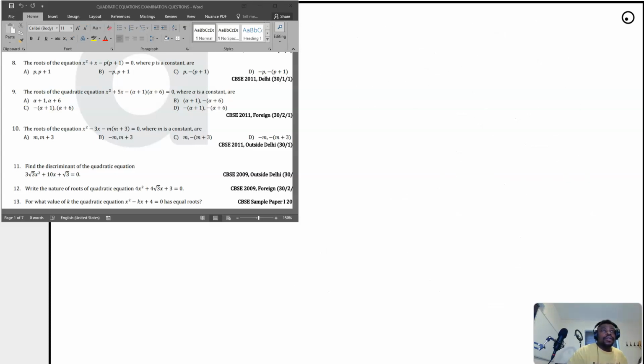Now, next question. The root of the equation x squared minus 3x minus m bracket m plus 3 is equal to 0. So here we are looking for the root of the equation. It's still the same thing with previous that we have done. So let's try option A. Option A is m plus 3.